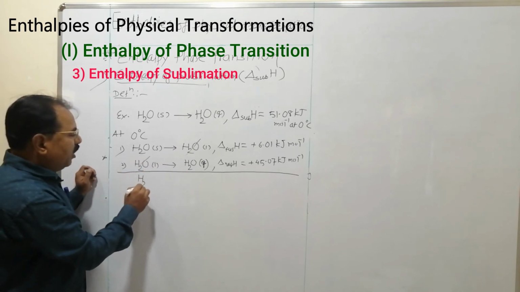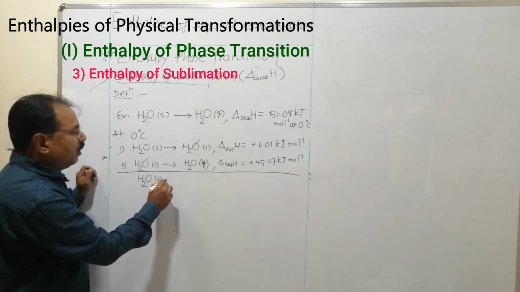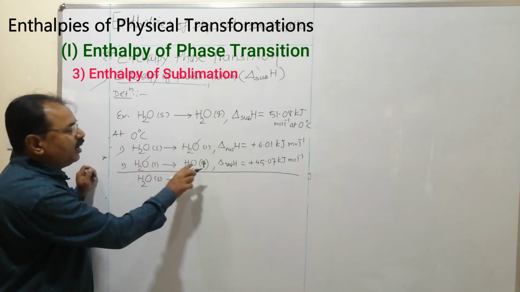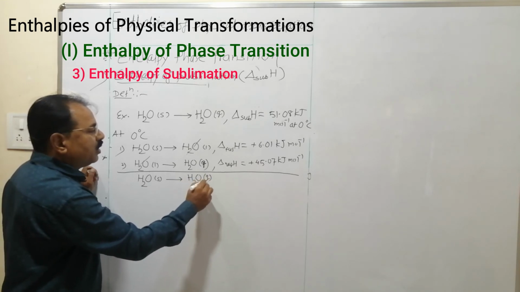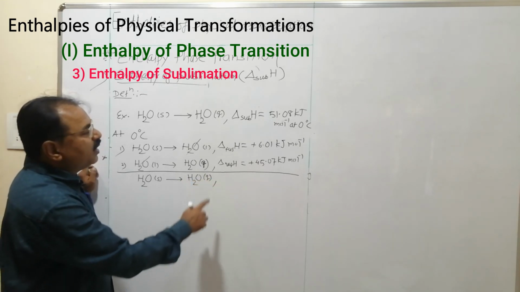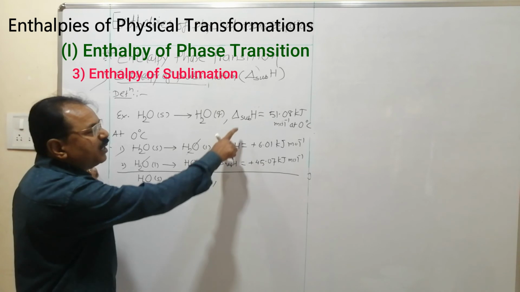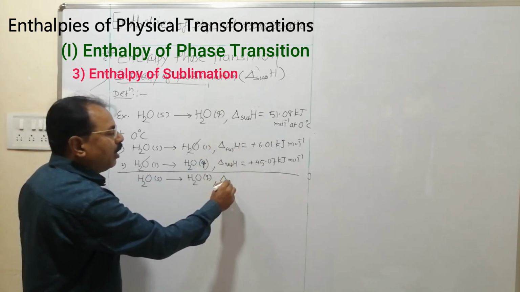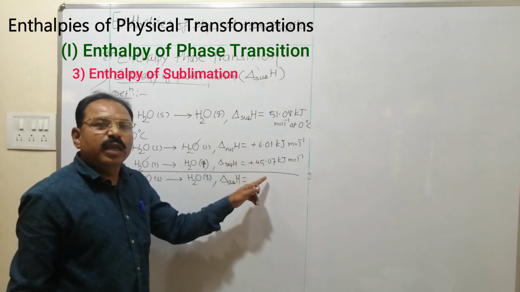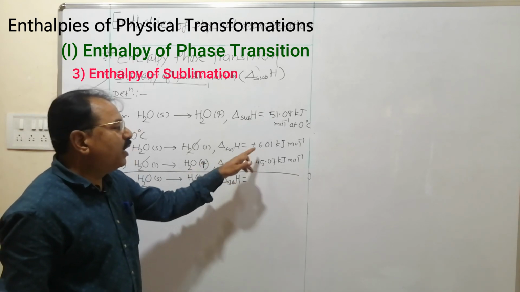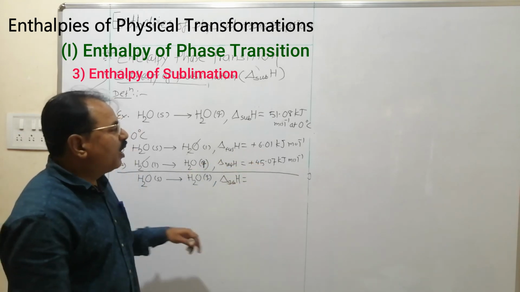This H2O solid arrow, and after this directly write H2O gaseous state and its change in enthalpy, that means the enthalpy of sublimation delta SUB capital H is equal to addition of these two enthalpies, that is the enthalpy of fusion and enthalpy of vaporization.